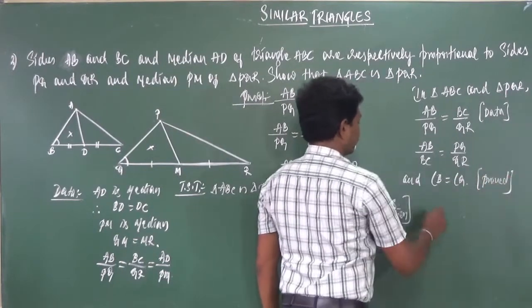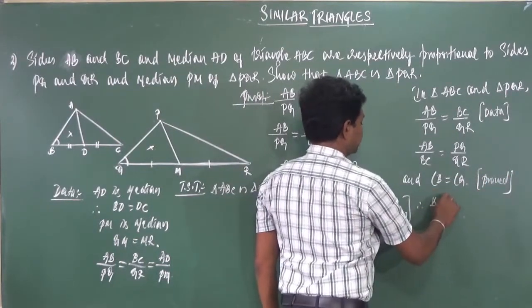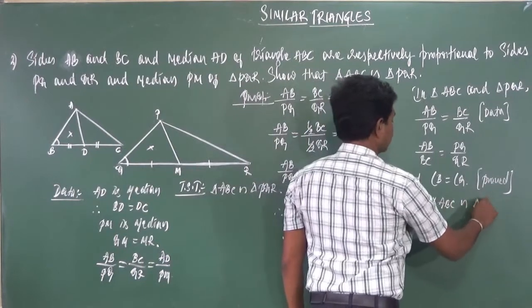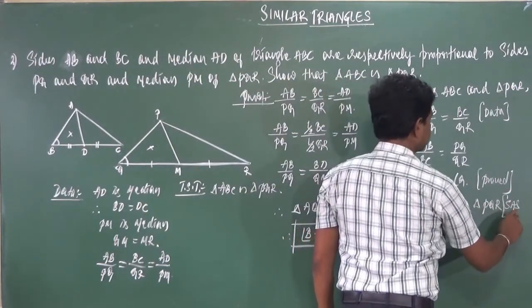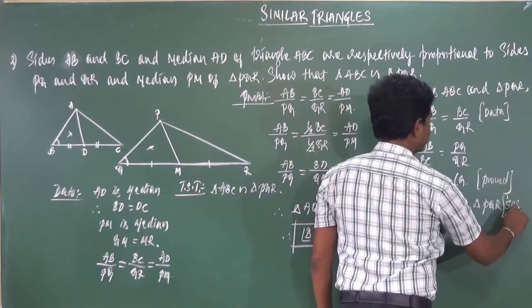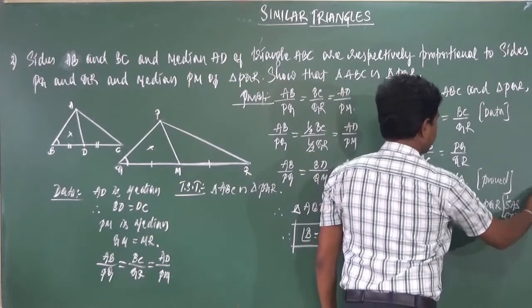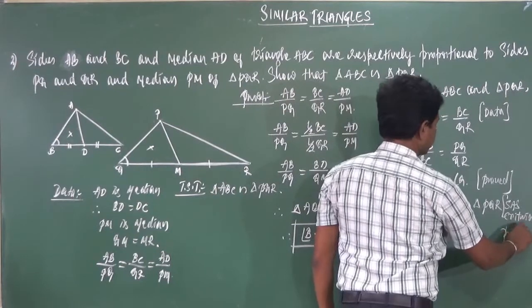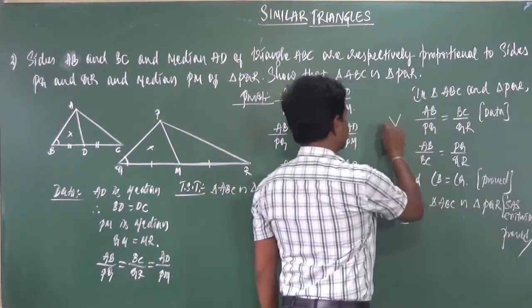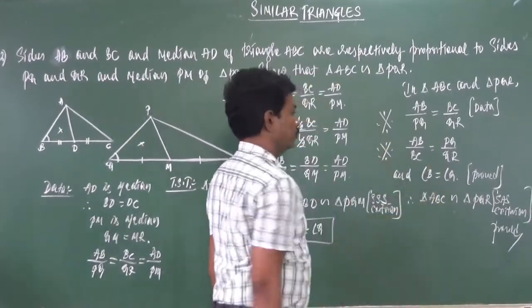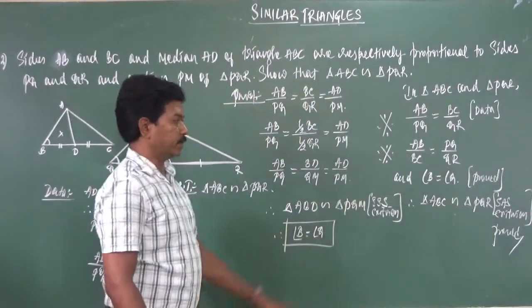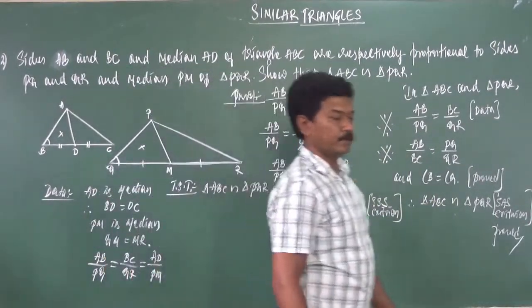Therefore, triangle ABC is similar to triangle PQR. This is according to the SAS criterion. Right, hence it is true. So very important is this: you have to convert this into this and then move on with the similarity. Be very careful in the last step.